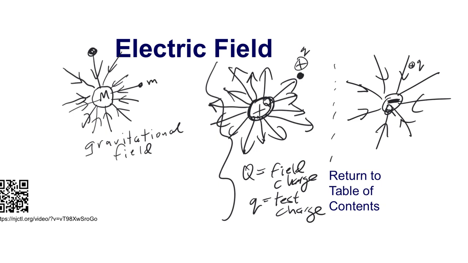Okay, so that's what fields are. Fields are invisible force actors. They produce a force that surrounds either a mass, if it's a gravitational field, or a charge, if it's an electric field.